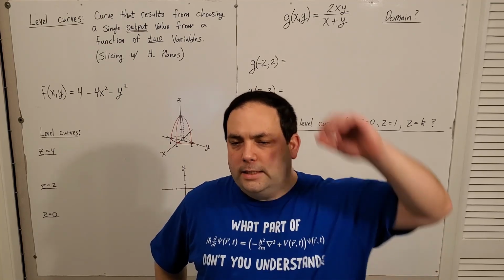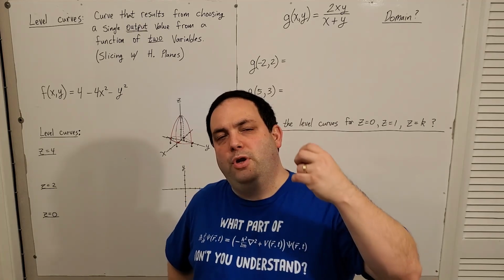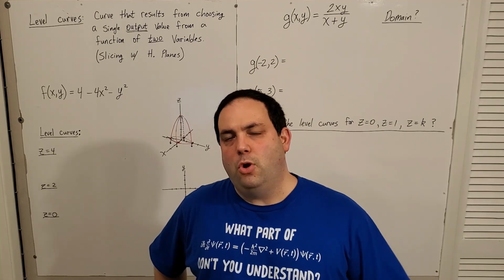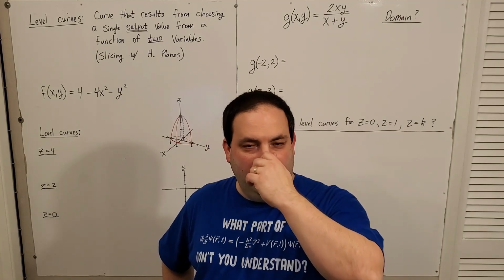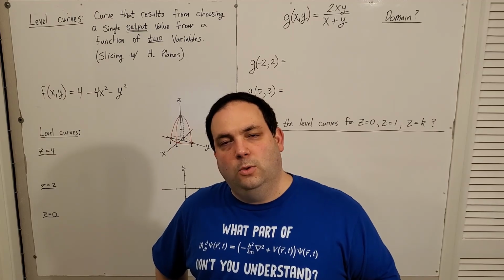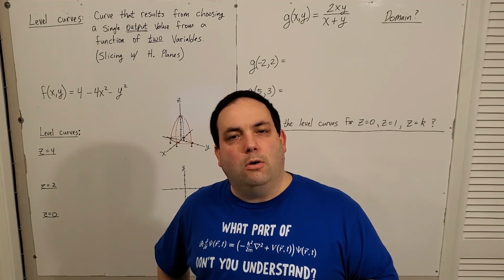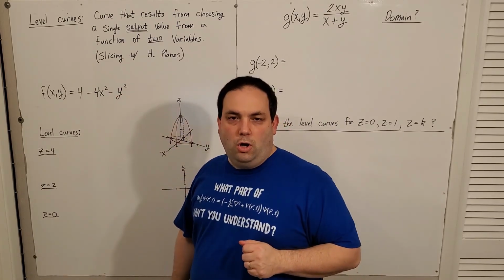But in multivariable functions, doing the opposite, putting in an output, you don't necessarily get an input back. You might get a collection of points, which would be a curve. So that's what this is. We're going to talk about level curves.